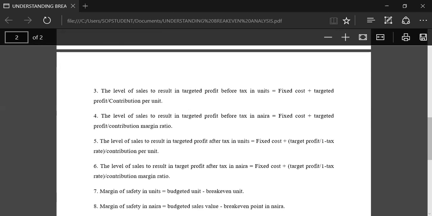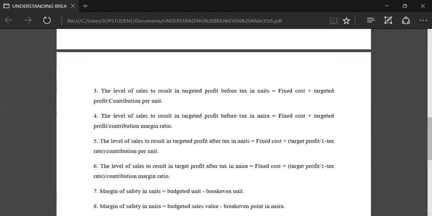Now, the level of sales to result in a targeted profit. If we want to determine how much sales should be made in order to arrive at a particular amount of profit, we achieve that by adding that particular target profit to our fixed cost and dividing by the contribution per unit.